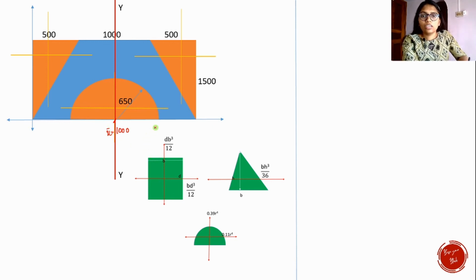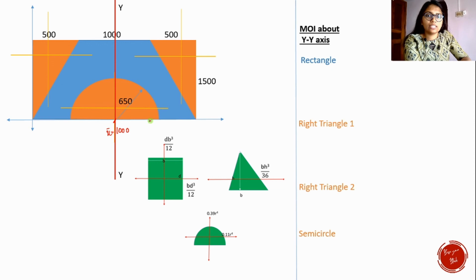Now also here we have to mainly focus on the vertical lines. Okay, this one and this one. Also for the rectangle it stays the same, x bar is equal to 1000 itself. Let's see. So these are the categories. Here again we make use of the parallel axis theorem, which is Iyy is equal to Igy plus a into x square.